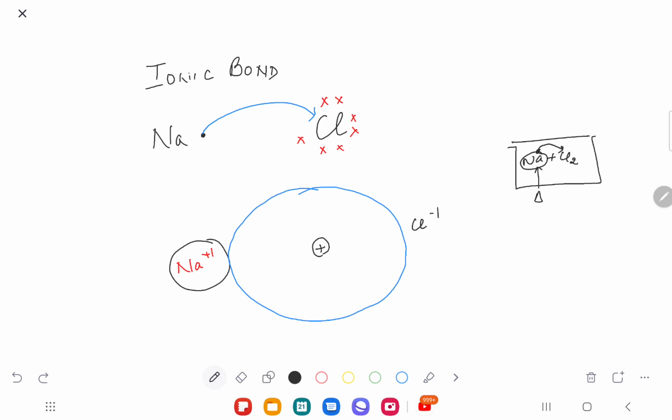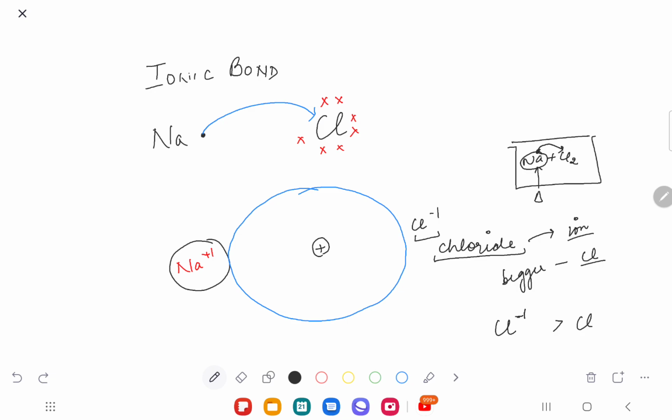Are you understanding? The moment chlorine becomes an ion, it becomes chloride. So this chloride ion is bigger in size than chlorine. Yes or no? Chloride is bigger in size than chlorine.